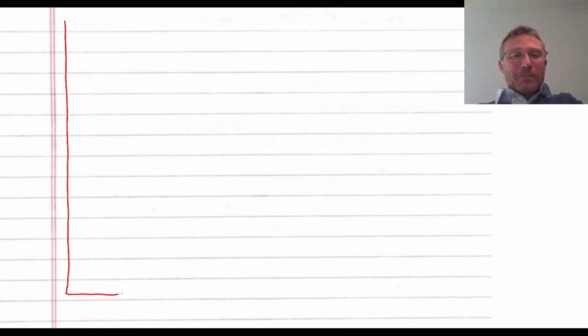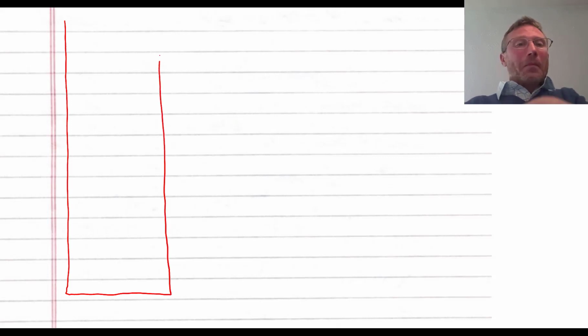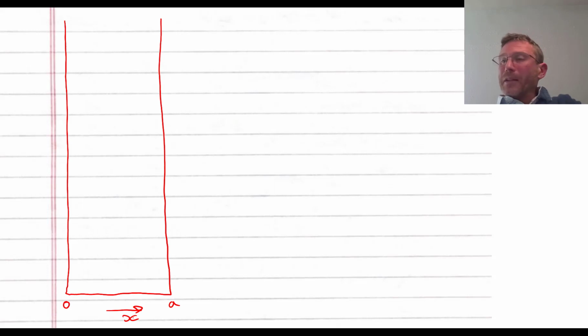So let's take a look at some of these functions. Okay, so I'm going to draw on the left-hand side of the screen here a box. And we've got x is equal to 0 and x is equal to a in this box.